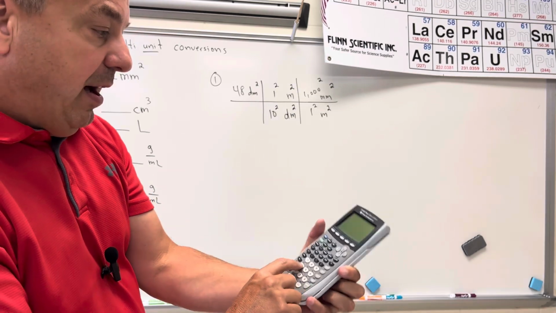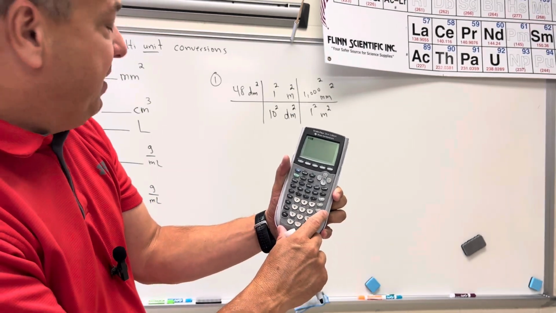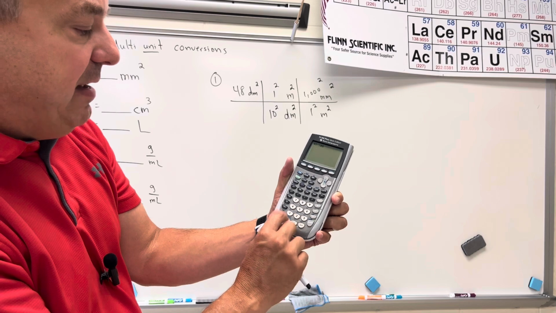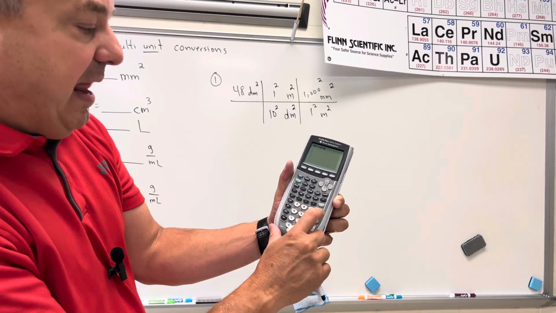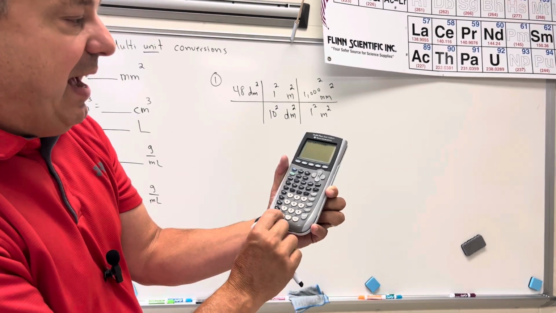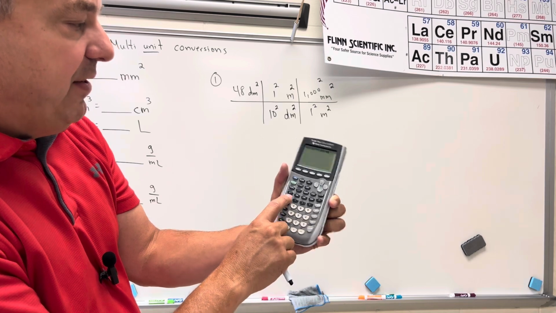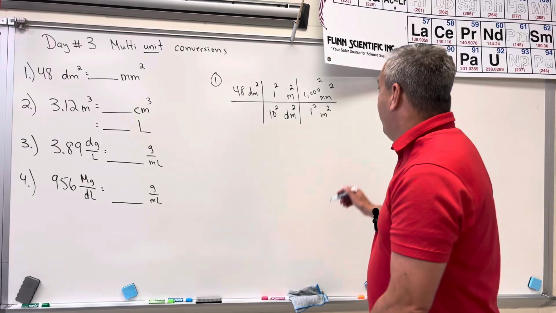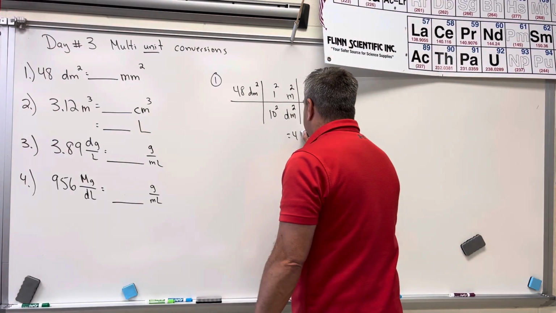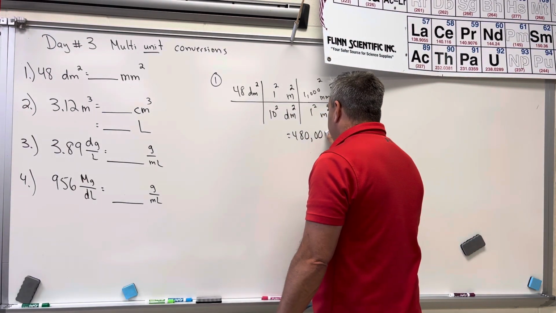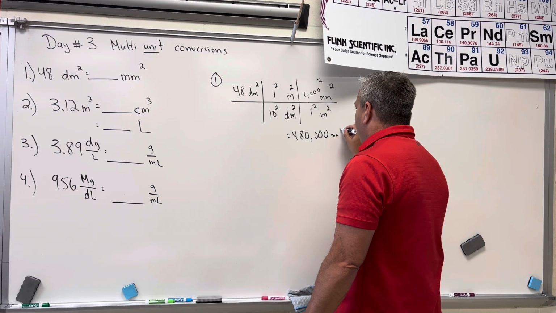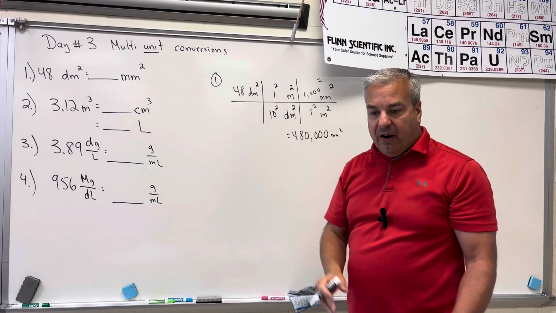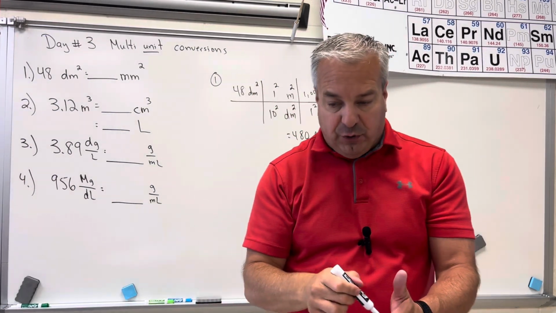So I'm going to do 48, and then divide by 10 squared, and then multiply by 1,000 squared. And when I get that, I should get an answer of 480,000.